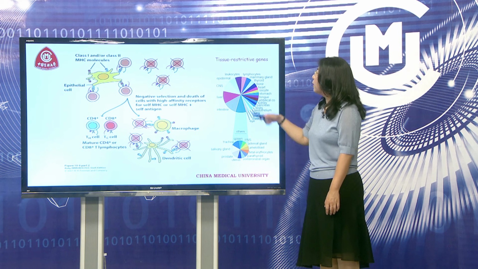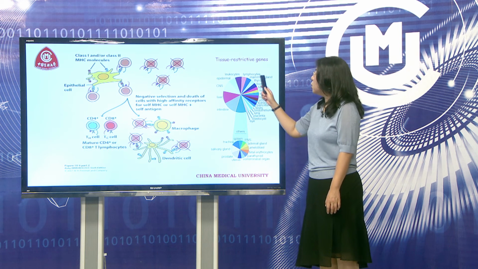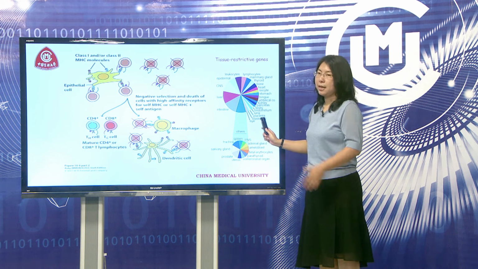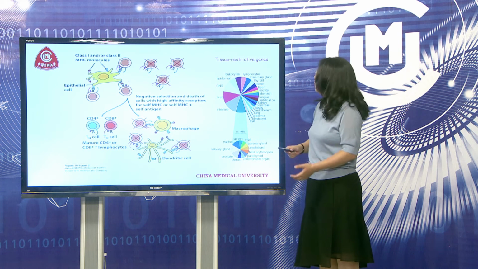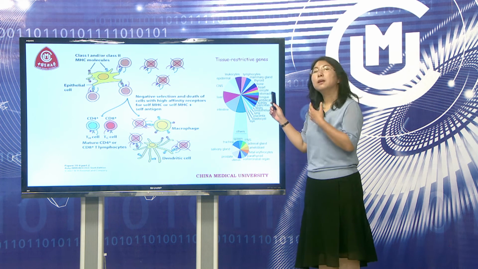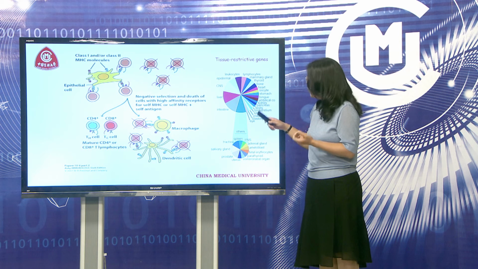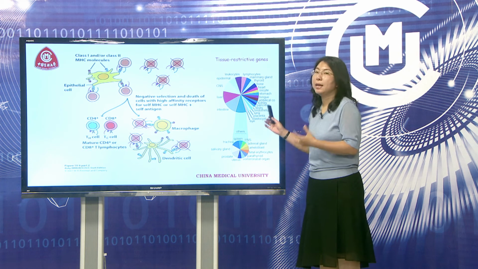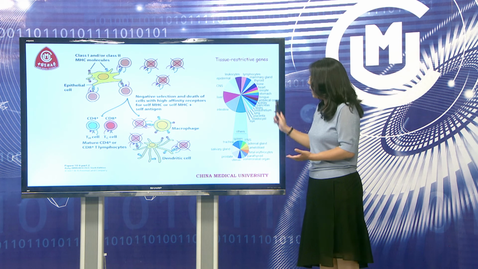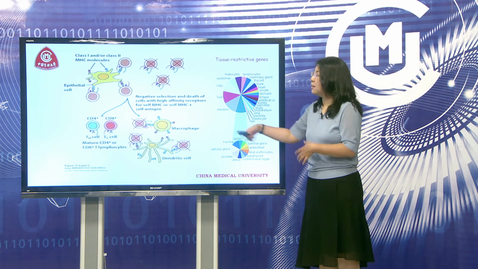So the lymphocytes, mammary gland, almost all the organs in our body can be expressed in the thymus. Our heart, our tongue, our kidney, our pancreas, all our organs. So this antigen can be presented in the thymus.